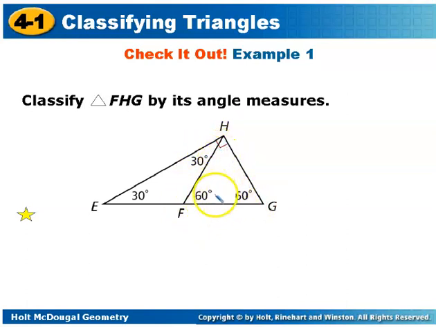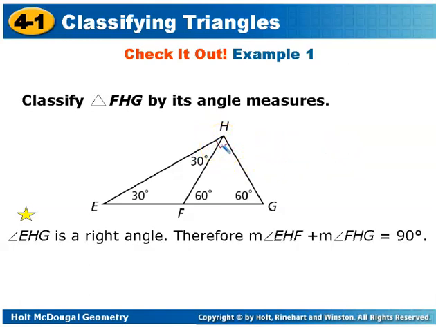Okay, what I need to know is the measure of this angle here. Right now, we don't know it. We know what the combination of these two angles is. It's 90 degrees, which is a complementary angle, because they add up to 90, that marking.